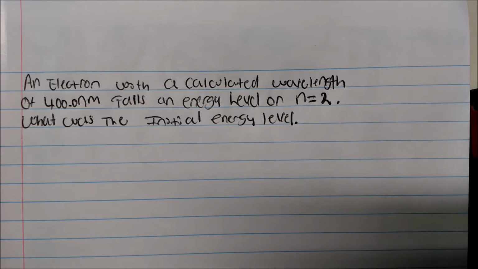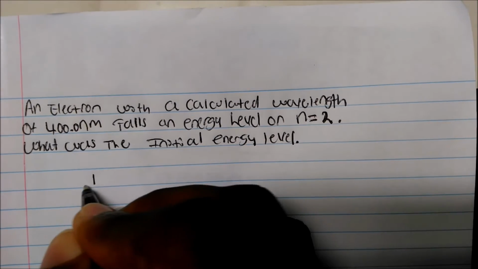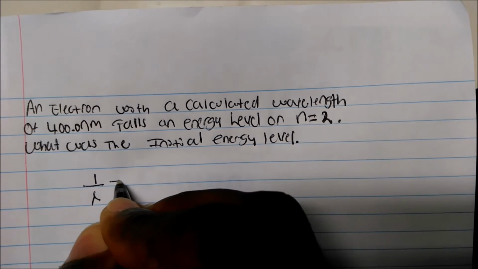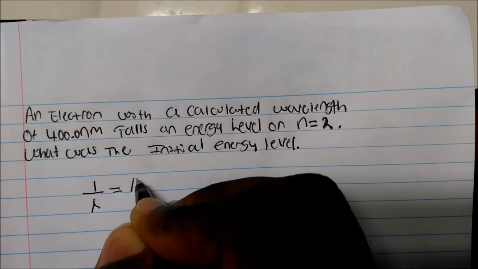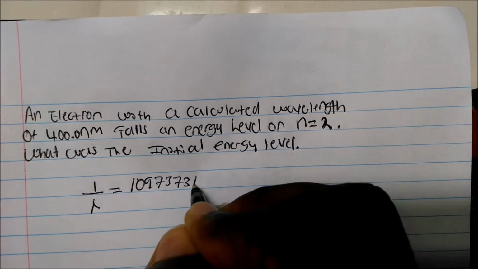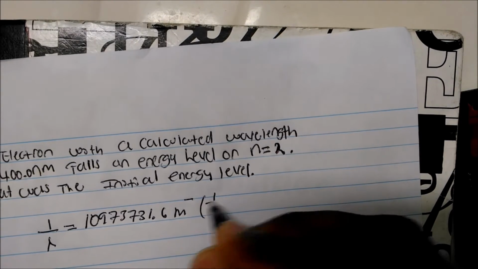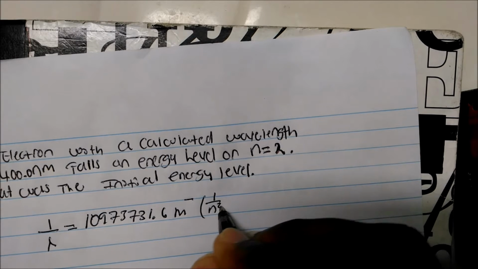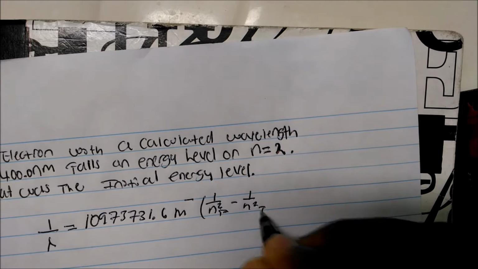Well, we know the Rydberg equation: 1 over lambda is equal to 109737331.6 meters inverse, that's 1 over meters, times 1 over n squared final, minus 1 over n squared initial.